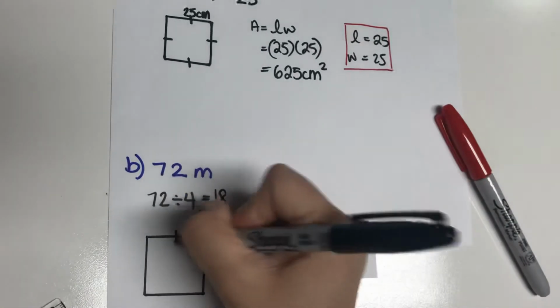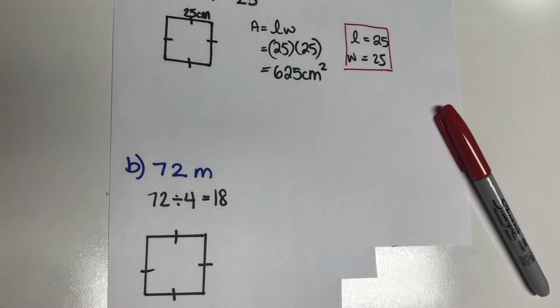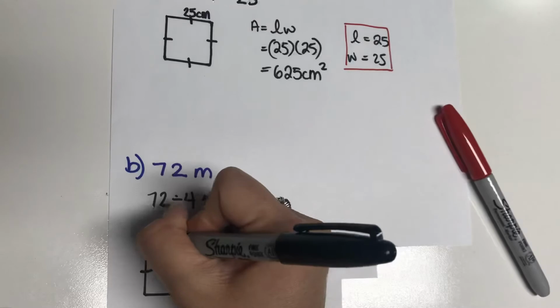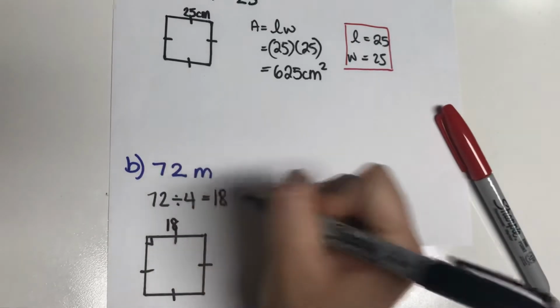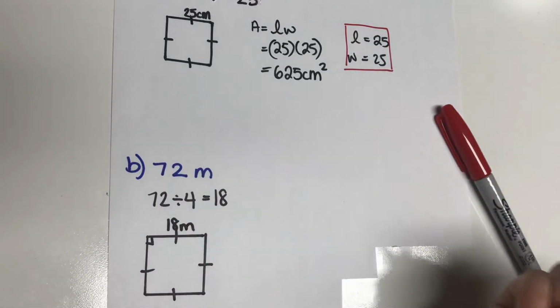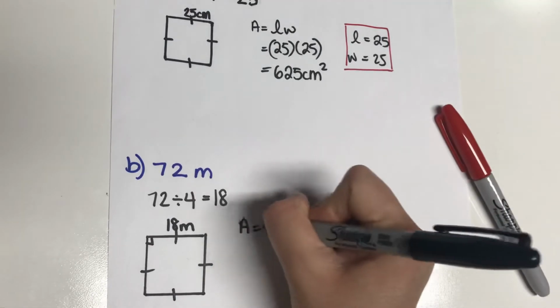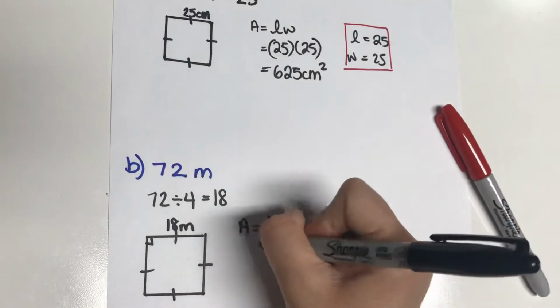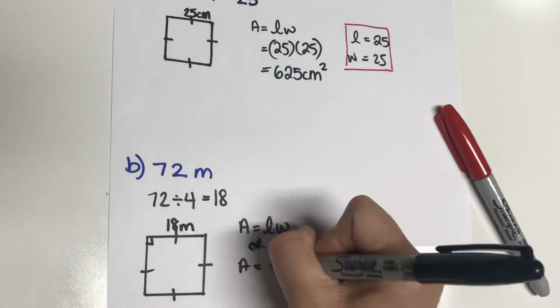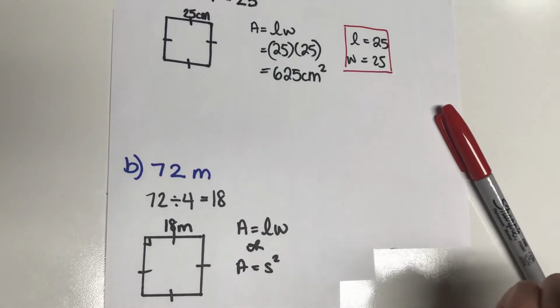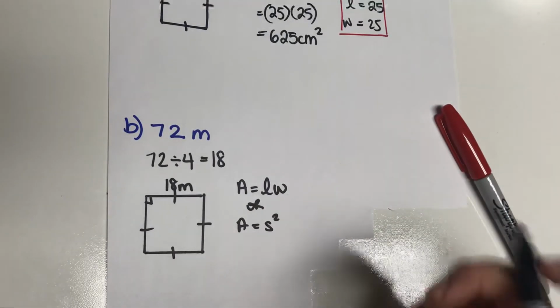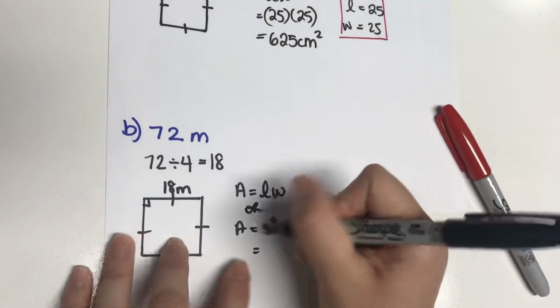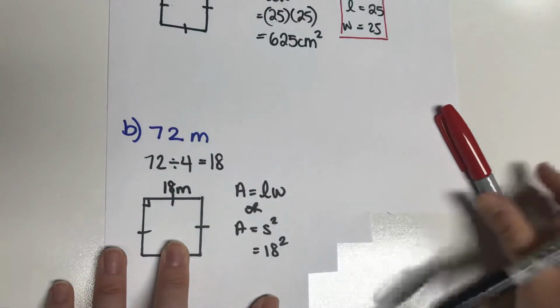All of the sides are the same because it is a square, and they have 90-degree angles. It is 18 centimeters. So my area is equal to length times width. Or you can even say that your area is equal to S squared because it's a square, so the side length multiplied by itself. So I can say 18 squared.